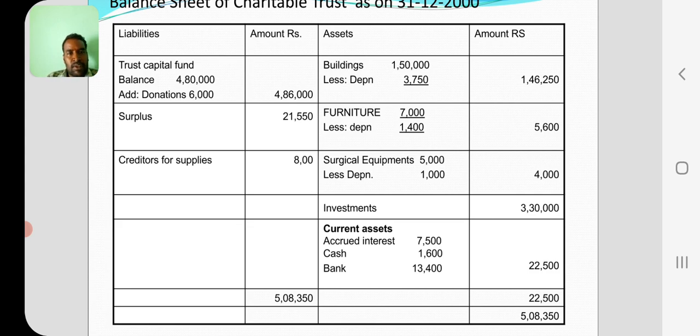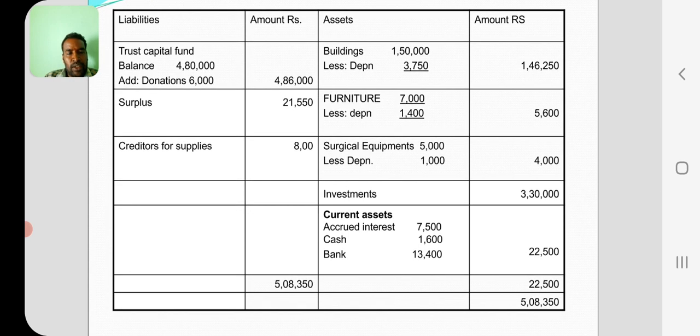Liabilities: trust capital fund balance 4,80,000 and donations. As it is a capital item, it should be added to the capital fund, that is 6,000, total 4,86,000.